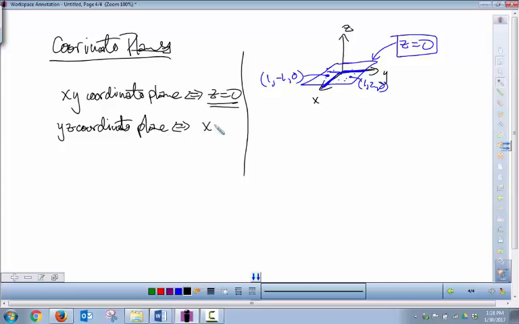X equals 0. And then similarly, the zx coordinate plane, or xz, is your y equals 0 plane. Okay?